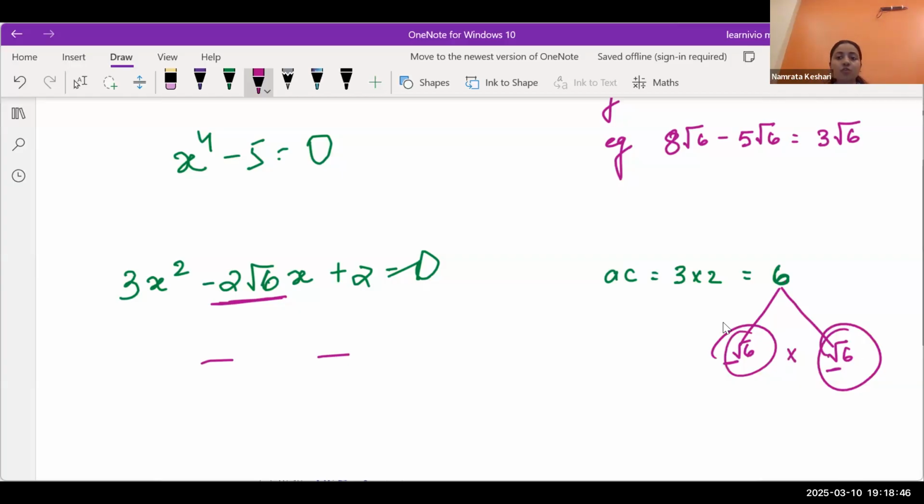Yes, ma'am. तो root 6 मल्टीप्लाई होके अभी ये दोनों नंबर मल्टीप्लाई होके 6 क्रिएट कर रहे हैं, right Rayyan? Yes, ma'am. मतलब अब हमें कुछ और लेने की तो जरूरत ही नहीं है, right? Yes, ma'am.